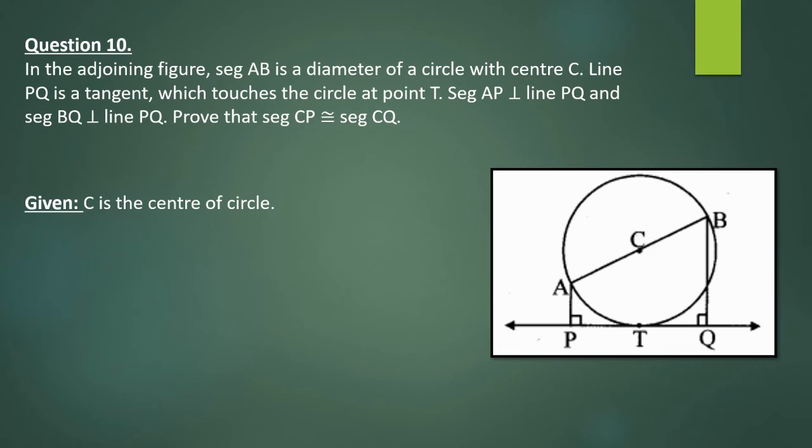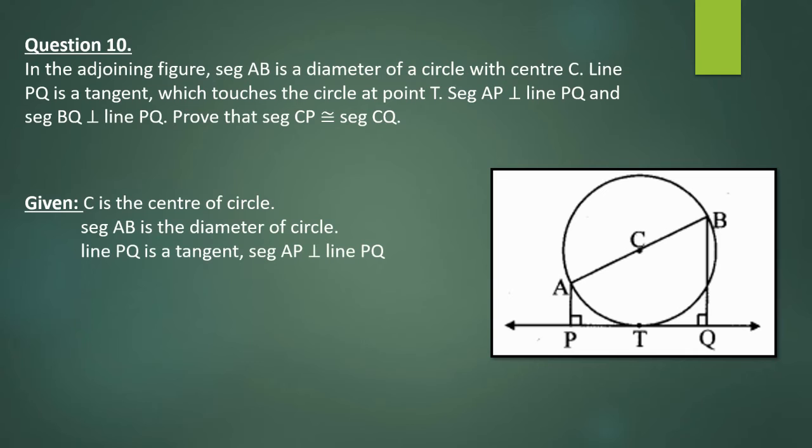Let's start with the solution. It is given that C is the center of the circle and AB is the diameter of the circle. Line PQ is a tangent, and segment AP is perpendicular to PQ, and also segment BQ is perpendicular to the tangent PQ.